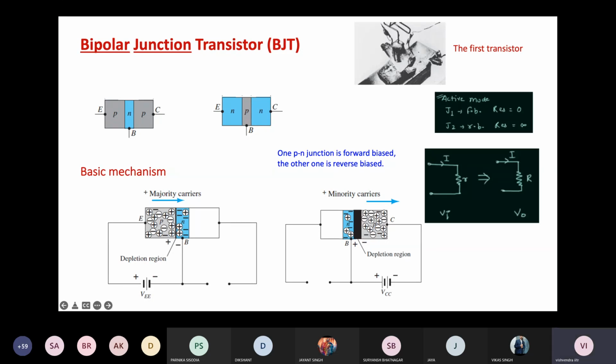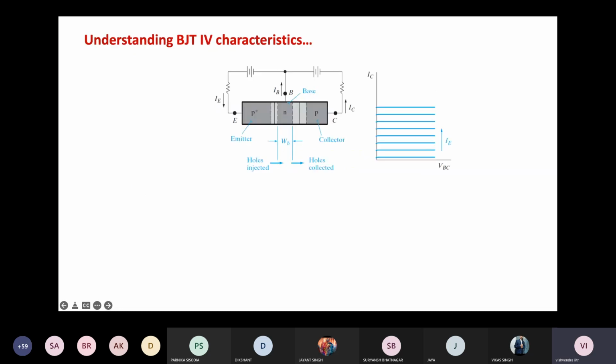Apart from the holes coming from the emitter to base, there are electrons going from base to emitter as well. These two are the majority carrier current components. Apart from that, there will be minority carrier current as well, and all those components that are there in a simple PN junction. So on both junctions, both majority and minority carrier currents are there.